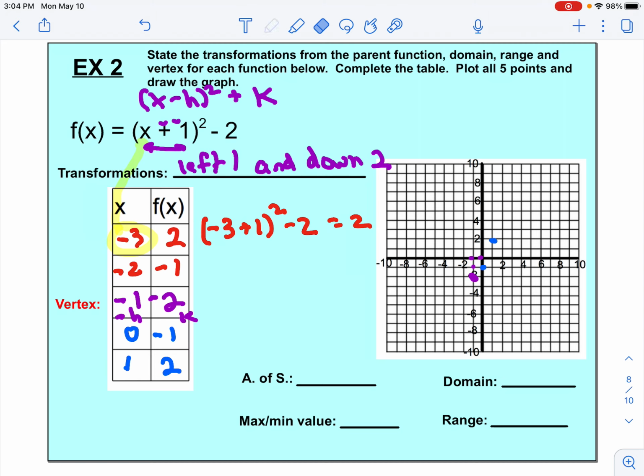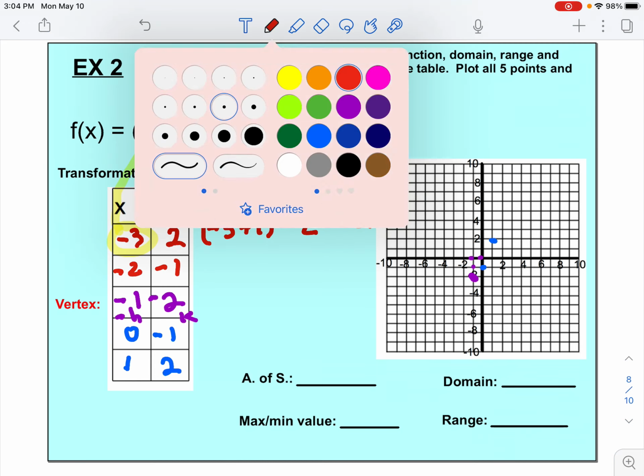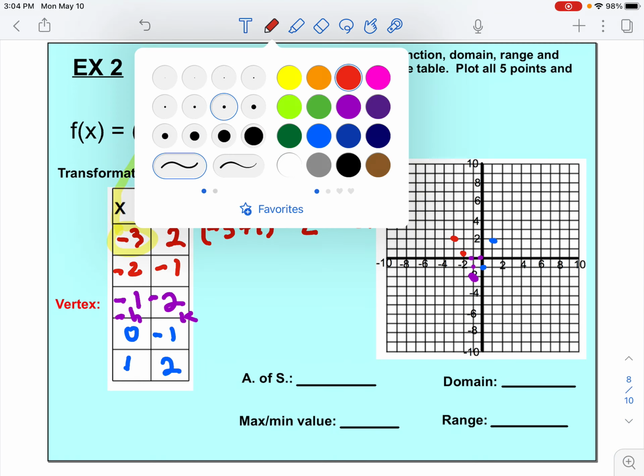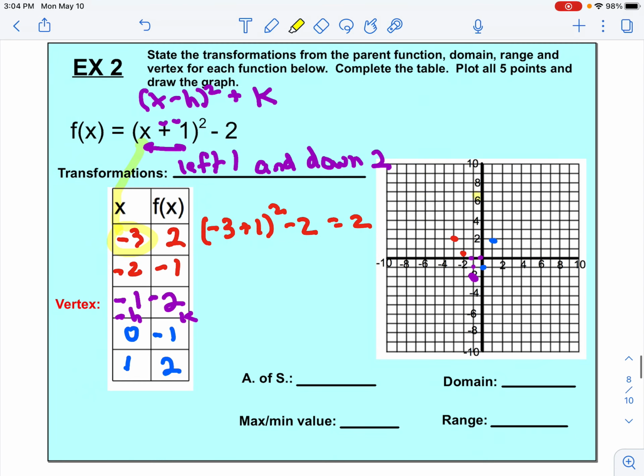And then I have the red points, which are -3, 2, and -2, 1. So again, if you look at this axis of symmetry that's going through the vertex, notice how those points, if I can actually plot them correctly, this blue one should be 0, -1.